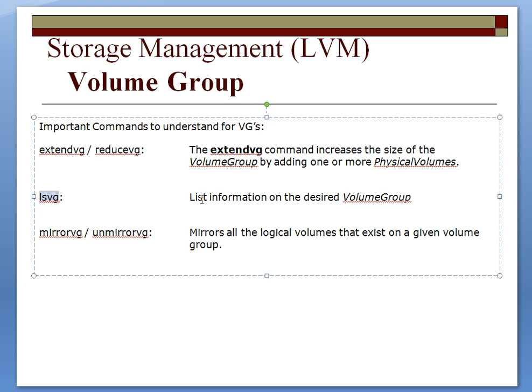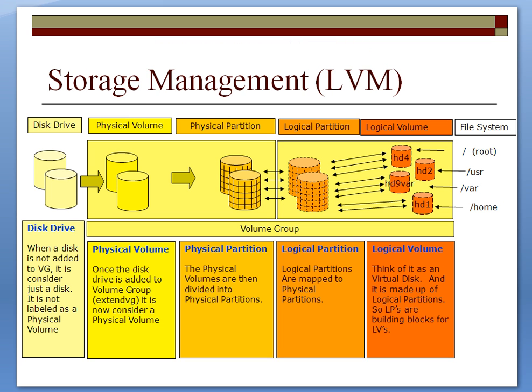These are the commands you would use to mirror the VG, or if you need to break the mirror, you would use unmirror VG. So again, extend VG, reduce VG. Let's look at that picture that we had. When you're doing extend VG, you're taking the disk and putting it inside the volume group. When you're doing reduce, you're taking the disk and removing it from the volume group.